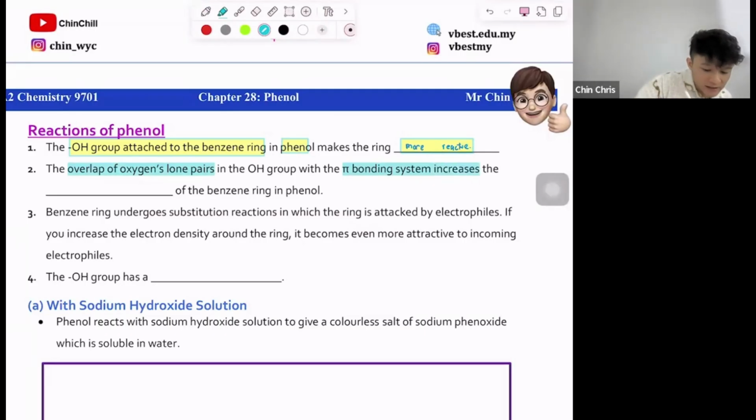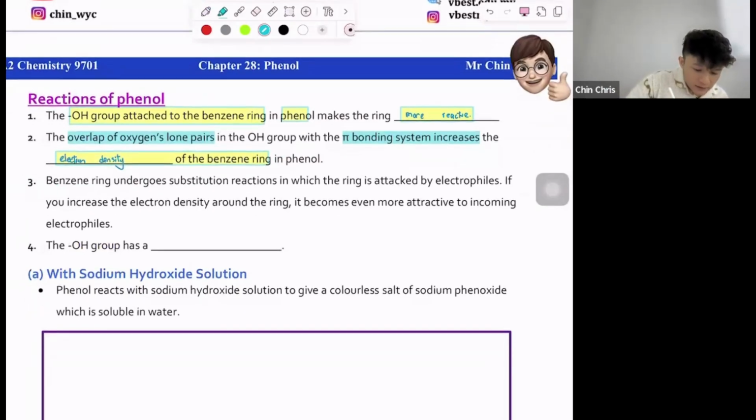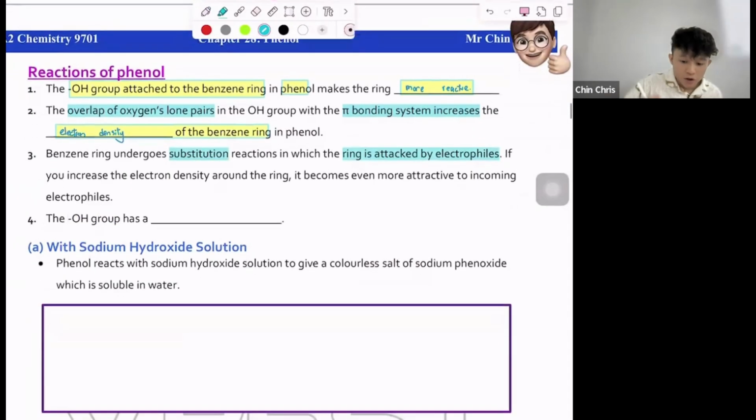It's going to increase the electron density of the benzene ring. Understand? Clear? So right now, the ring has a lot of electrons in it. When a reaction happens, the ring is always attacked by an electrophile. Which means right now it's becoming even more attractive to an electrophile. Understand? Clear?